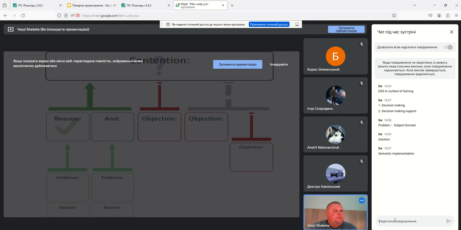What we can say in detail is that there is a connection between problem solving and the area of solution.